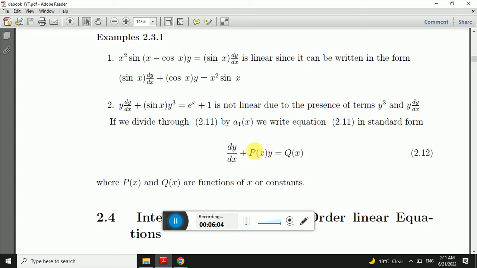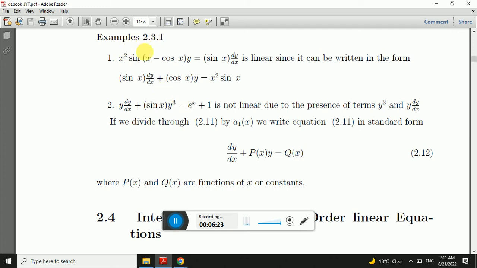So p should be a function of x or a constant. The same applies to q. Q can be a function of x or a constant. If p is a function of y or q is a function of y, then this differential equation will not be linear.